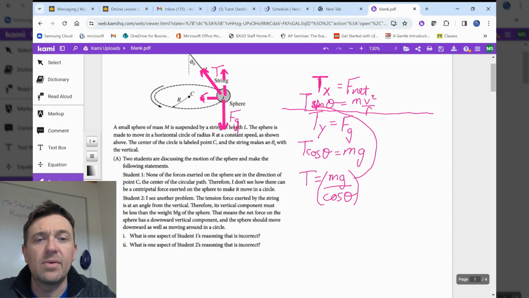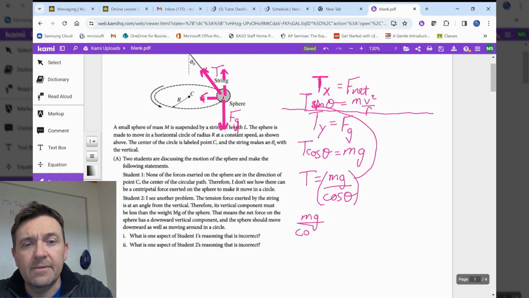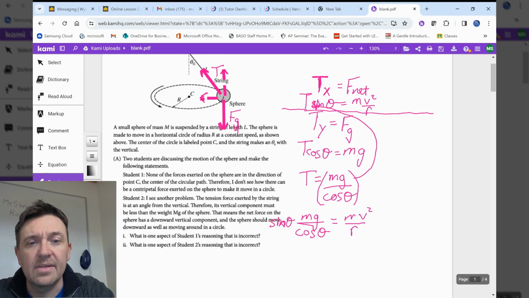So if I substitute tension into my x statement, I'm left with mg over the cosine of the angle is equal to mv squared over r, but I also have to multiply by the sine of the angle because it's T times the sine of the angle.